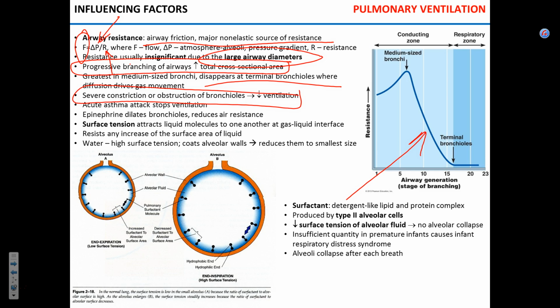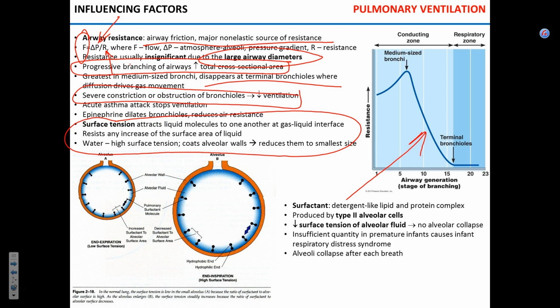Second factor, surface tension. So, imagine that you have a water surface, a fluid surface that bounds the gas.